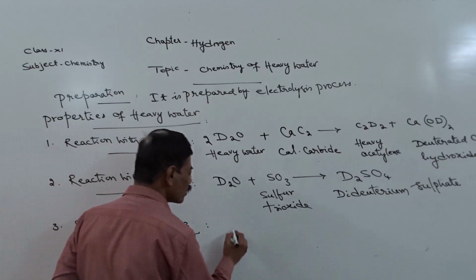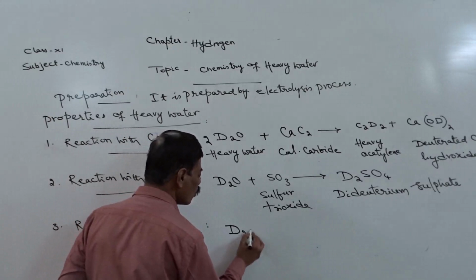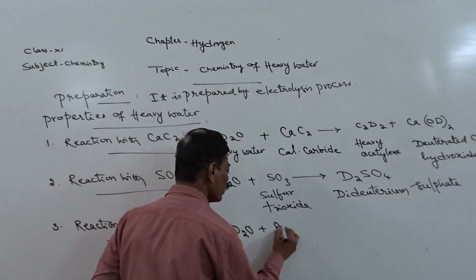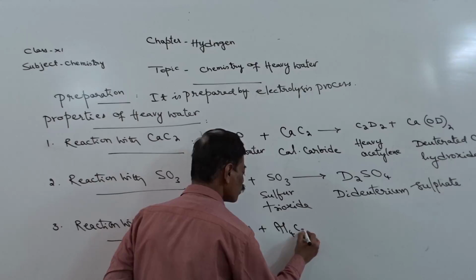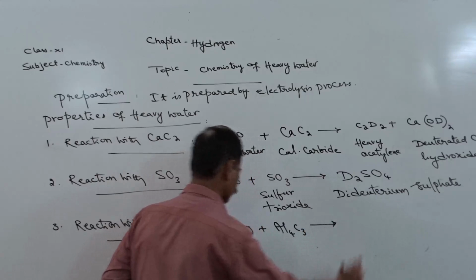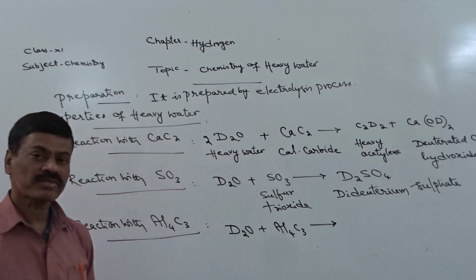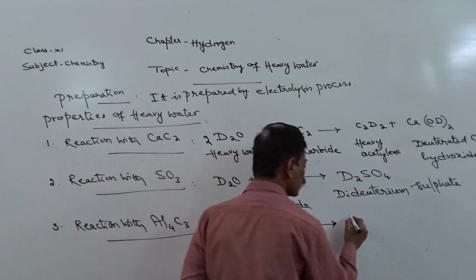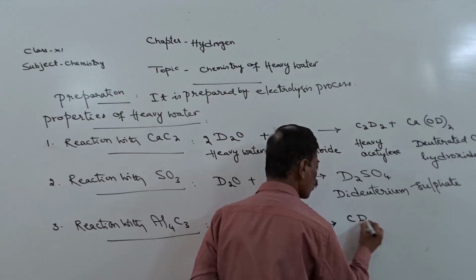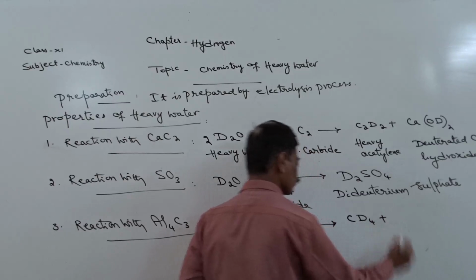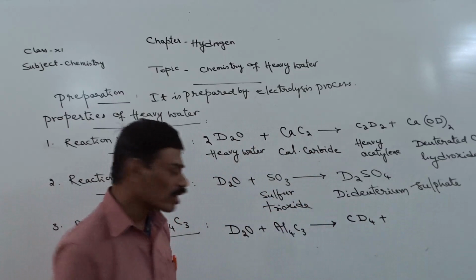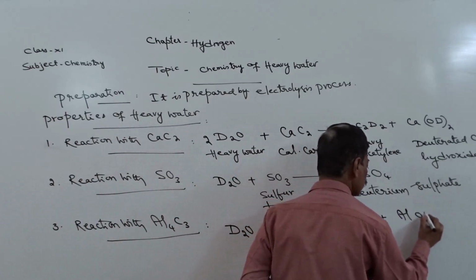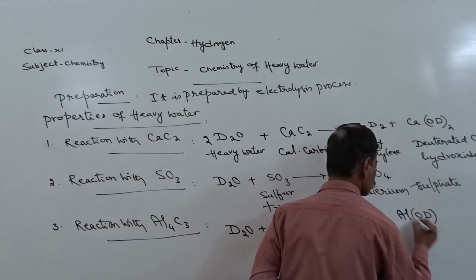So main reactant is heavy water, D2O, and this is treated with aluminium carbide, Al4C3. Right? We will get the products like CD4, first product, and the second product is AlOD thrice.